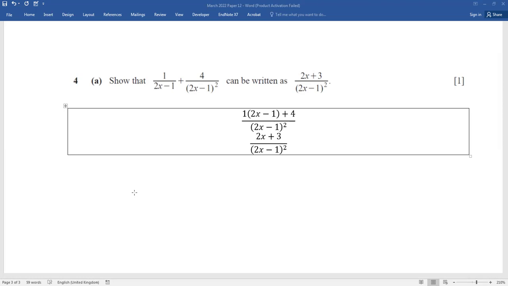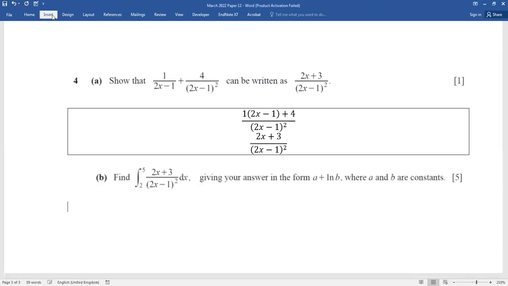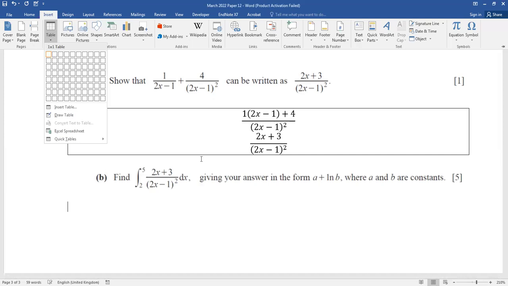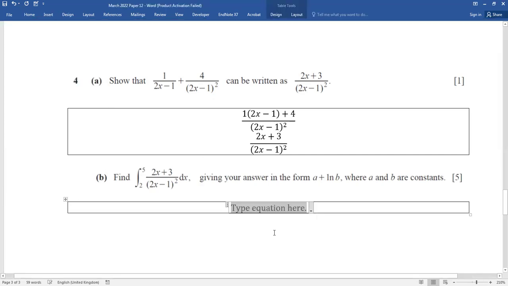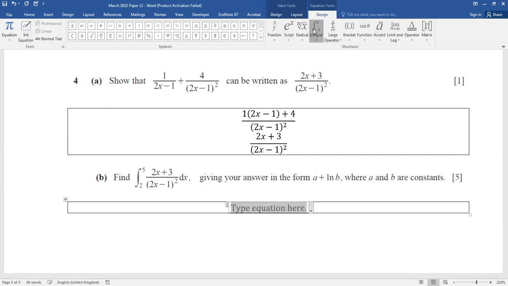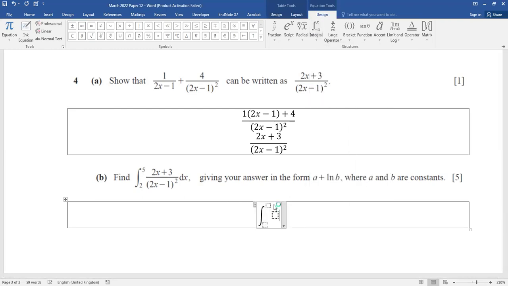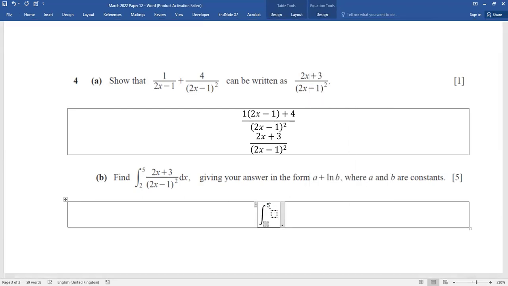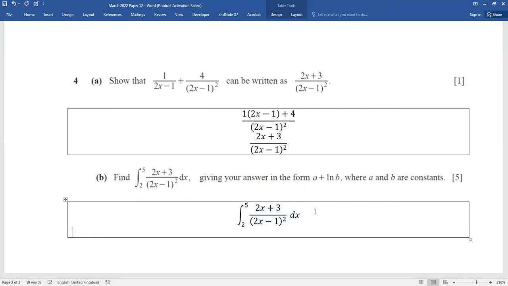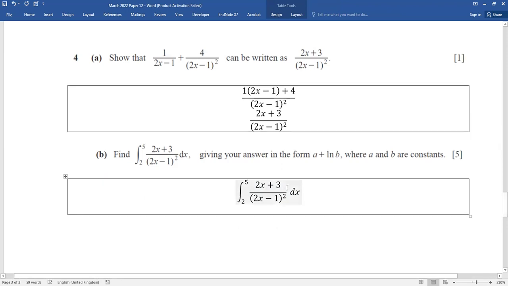Now, in the second part, the question wants us to integrate this and apply these limits. How can we integrate this? Can we? Have you studied any product or quotient rule for integration? Product rule for integration, no. So how do you integrate these?